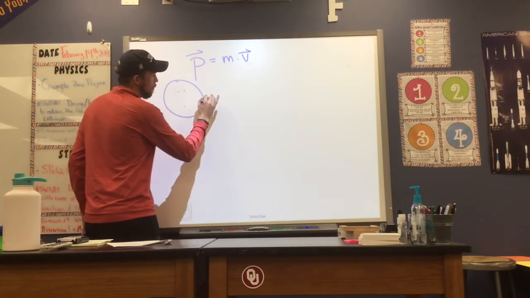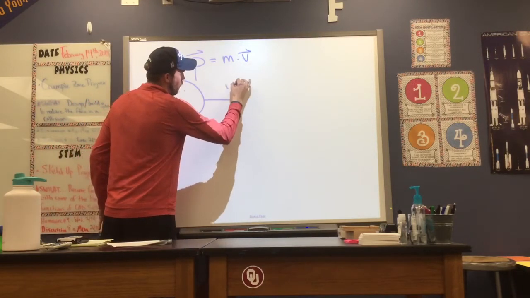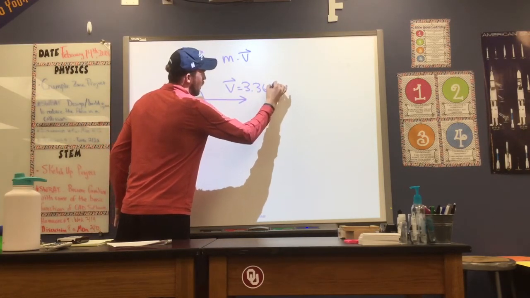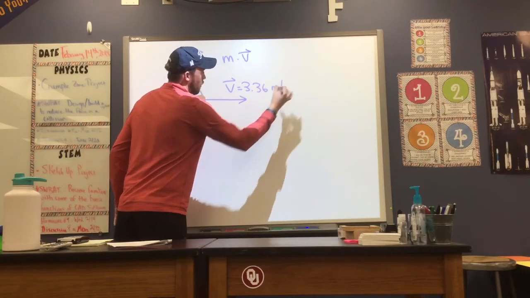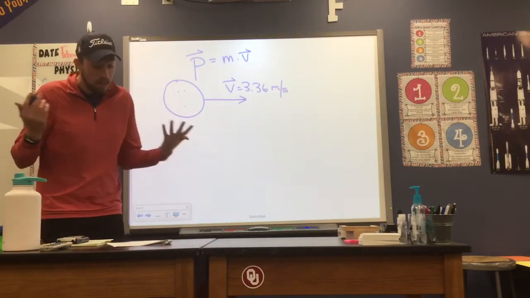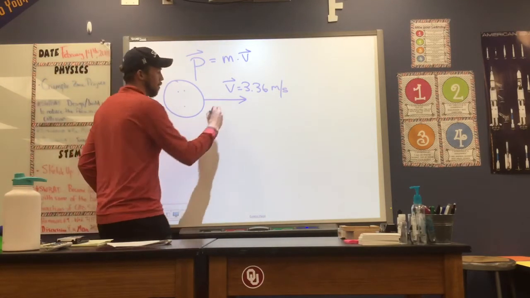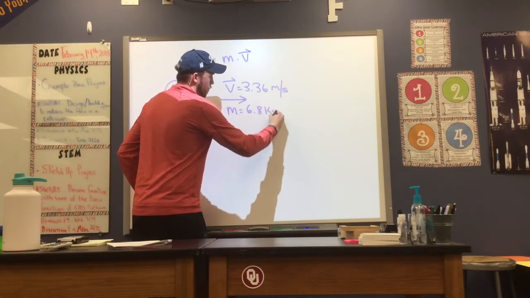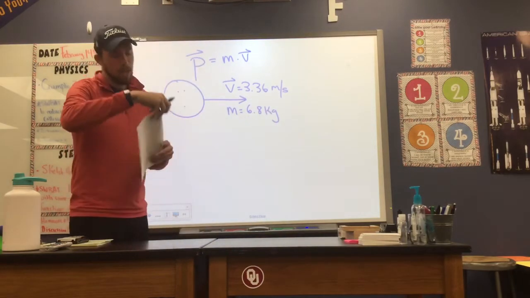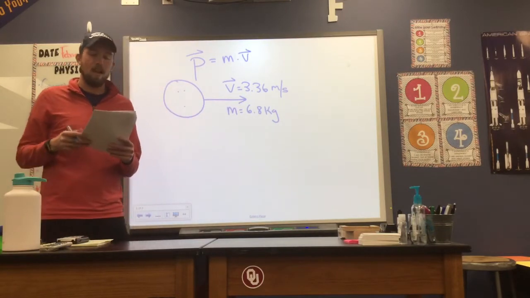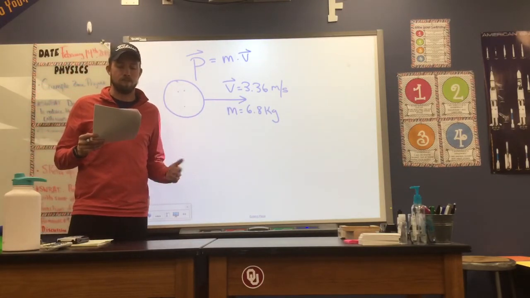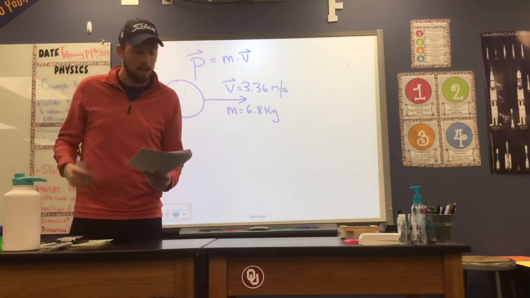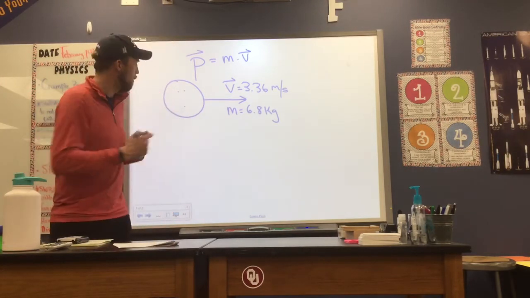Now, because this is a bowling ball, it's somewhat massive, 6.8 kilograms. The rest of the problem statement goes as this. How fast must a ping pong ball of mass 3.009 grams move in a straight line so that the two balls have the same momentum?